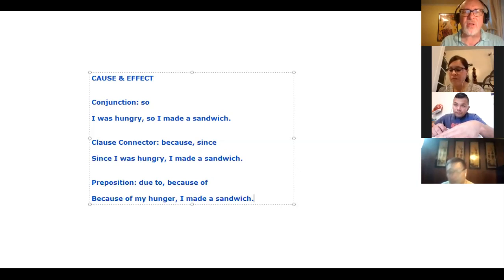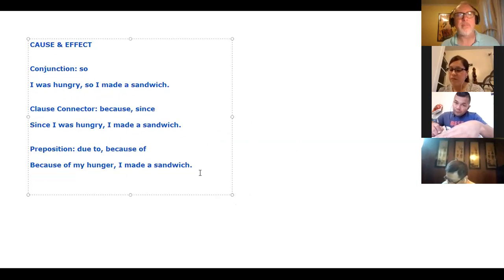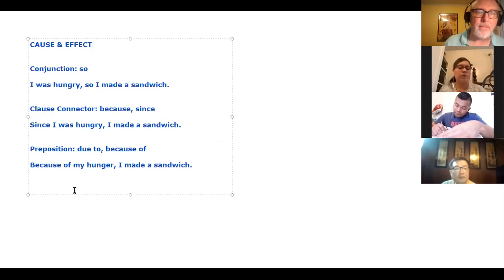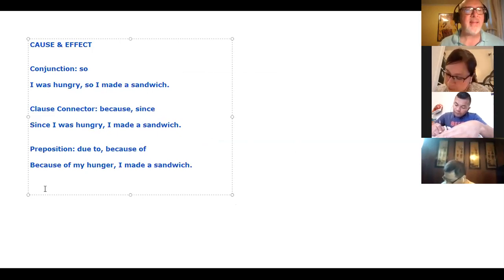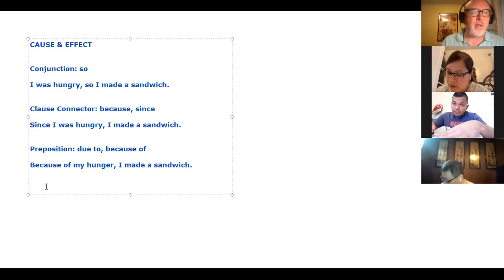I changed the subject and verb to a noun. Instead of saying I was hungry, I said a noun, my hunger. Hunger is a noun. Hungry is an adjective, but hunger is a noun. All right. So you have to use a noun with those prepositions, right?